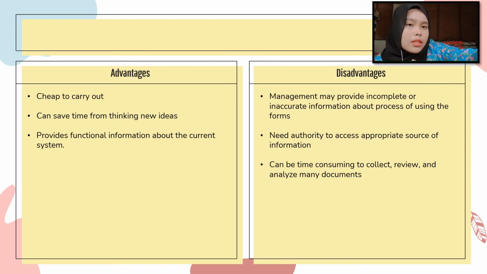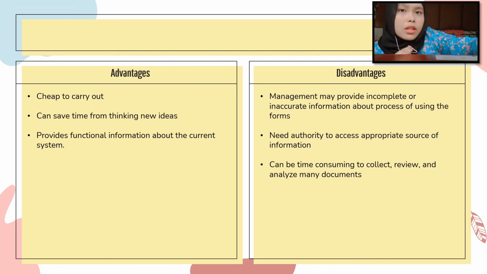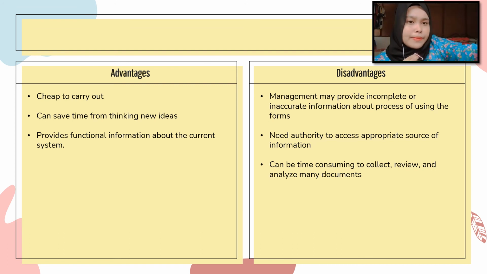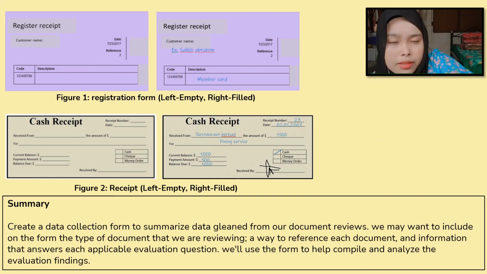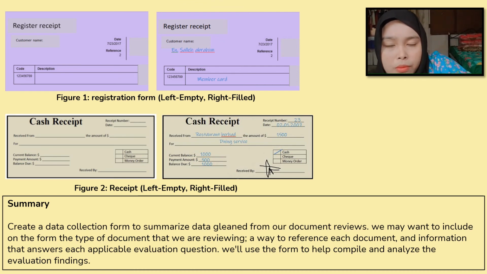And the last is that it can be time consuming to collect, review and analyze many documents. Time consuming because documents need to be shared manually. This is an example of a document review through a manually written form. It is difficult to store and easily lost.